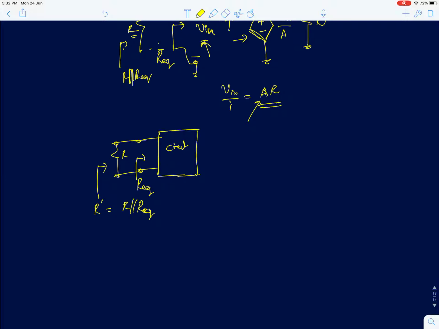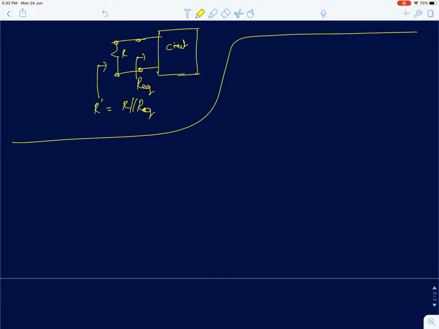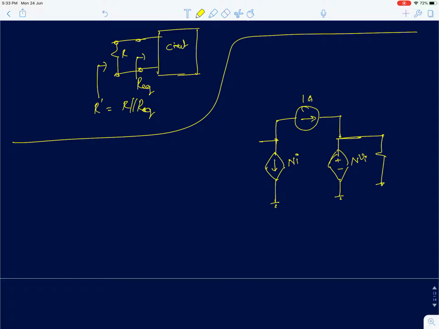We'll analyze another circuit. You are supposed to find the equivalent resistance at this point, where I is the current through this resistor.